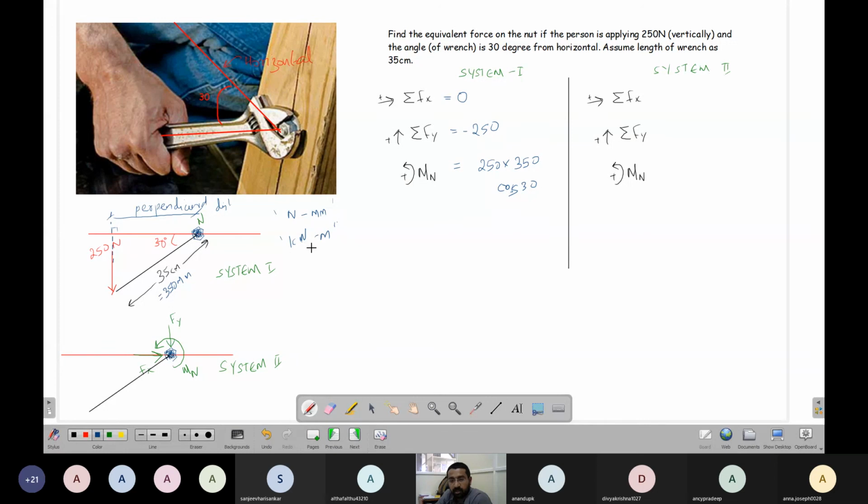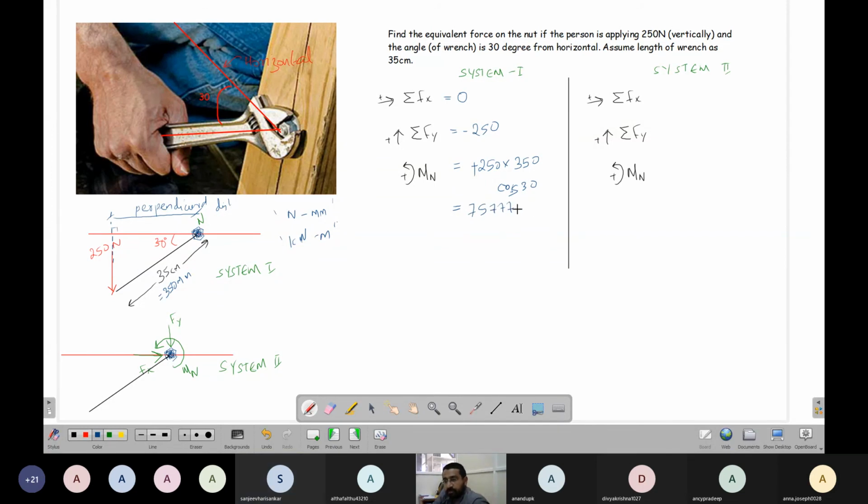Is it clockwise or anti-clockwise? Anti-clockwise, right? So positive or negative? Positive. So tell me the value quickly. Student: Sir, 75777 units, 0.22.